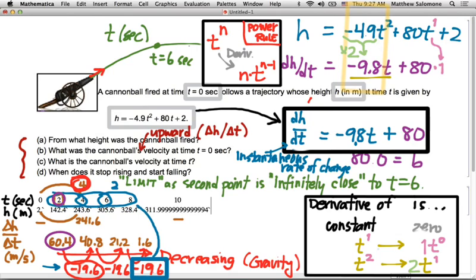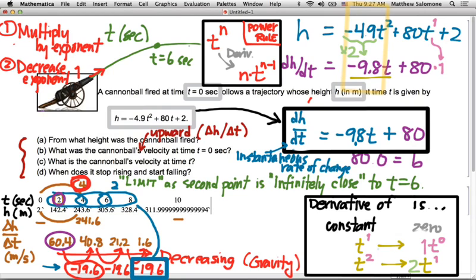N times t to the n minus 1. So I like to think of it as a 2-step process. The first step being to multiply by the exponent, whatever the exponent happens to be. And the second step being to decrease that exponent by 1.